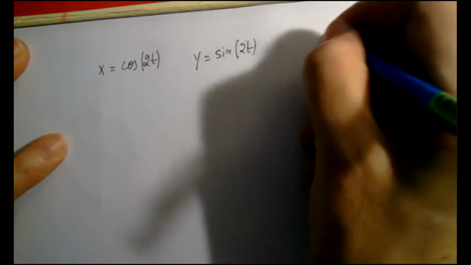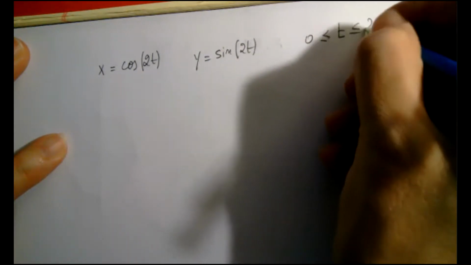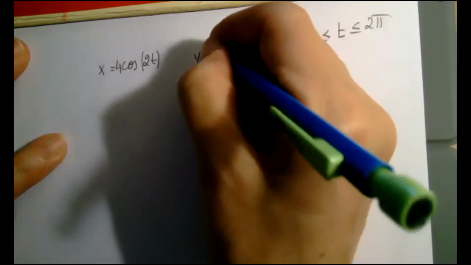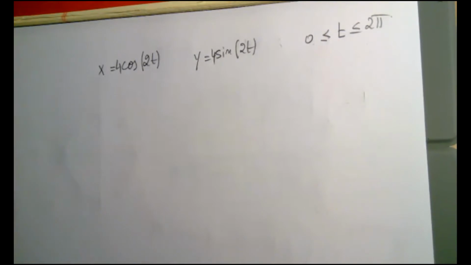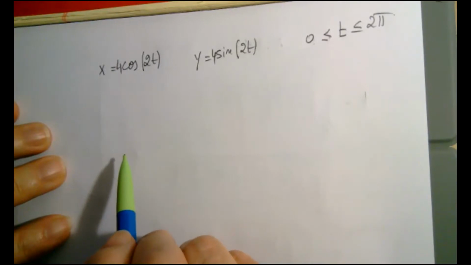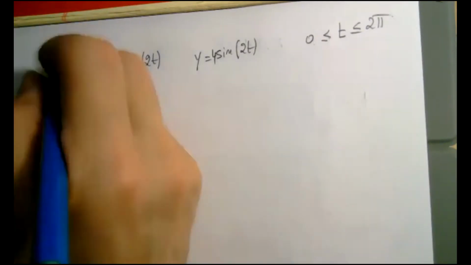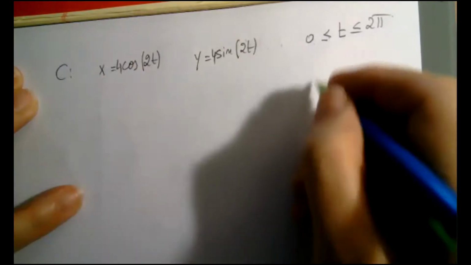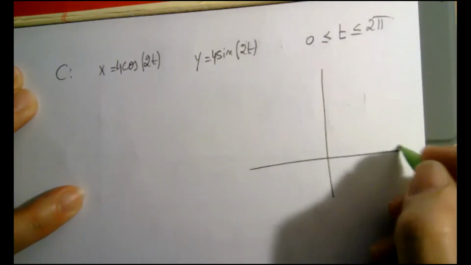And I will let my t go between 0 and 2 pi. Now this is a parametric equation, and I want to first graph it.